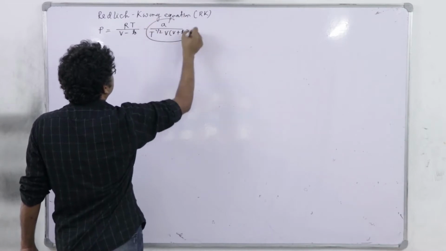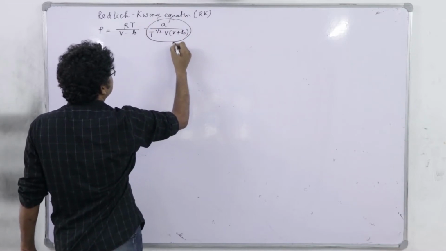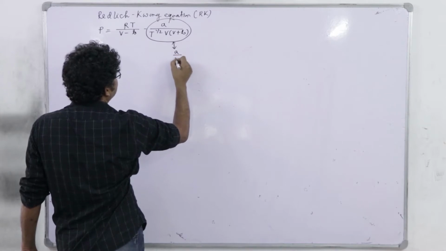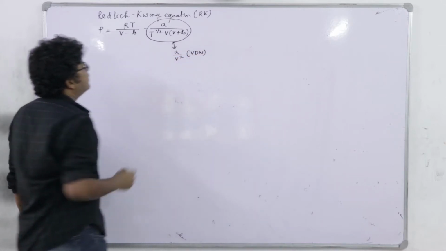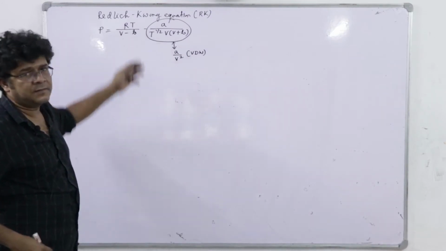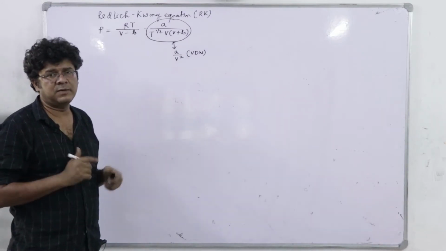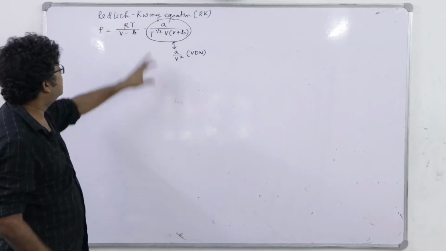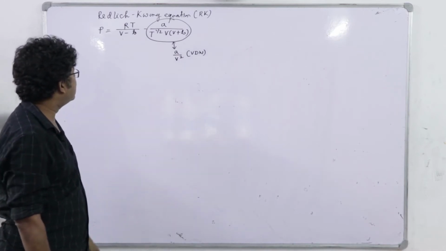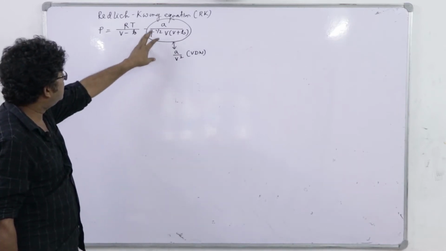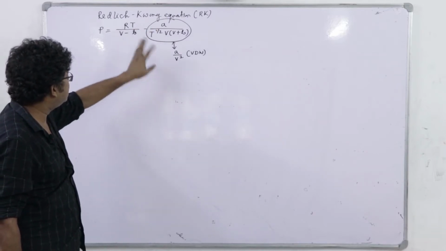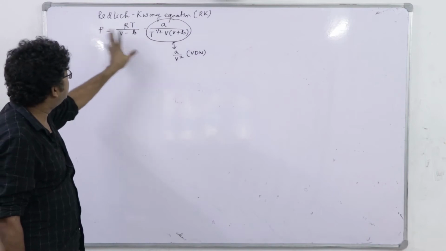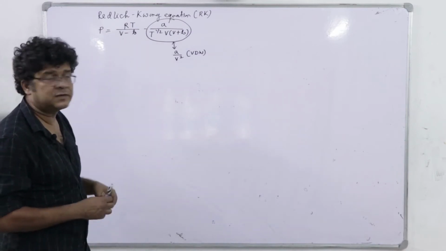This term, which was previously in van der Waals simply a by v square, has now been further modified. The pressure correction has been the focus, and the newly introduced pressure correction term carries a temperature dependence, and from there we have got the Redlich-Kwong equation of state.